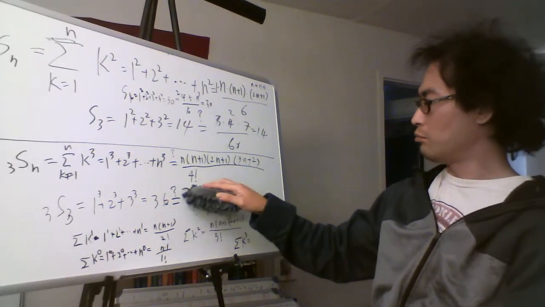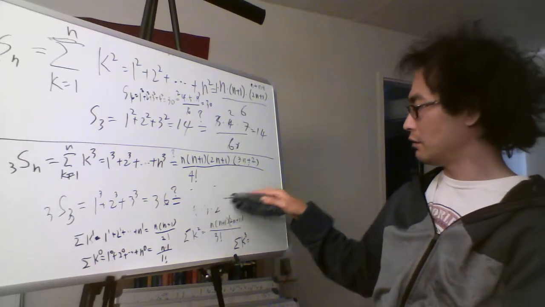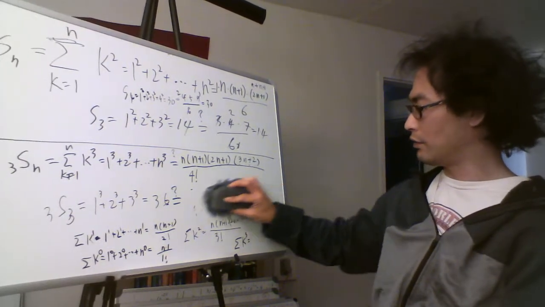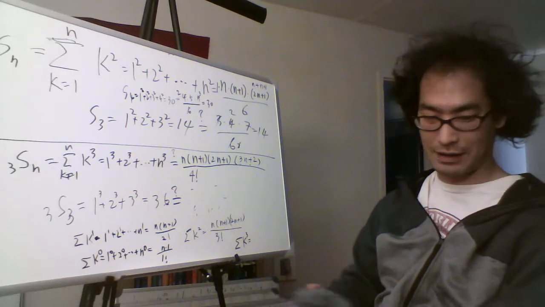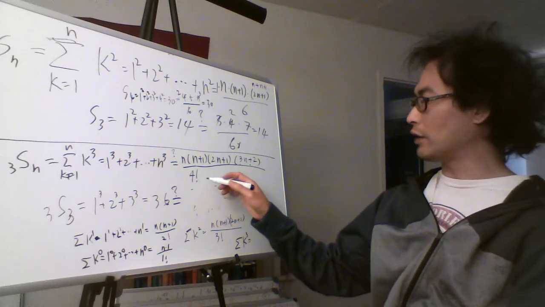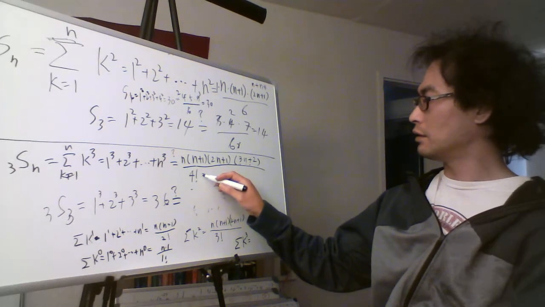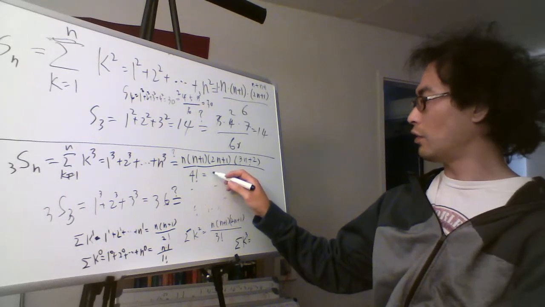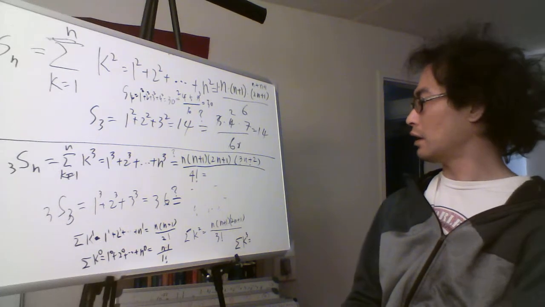It's not quite working very well, but taking a lot of space too. So okay, 4 factorial is 24, right? Yeah, it's 24.